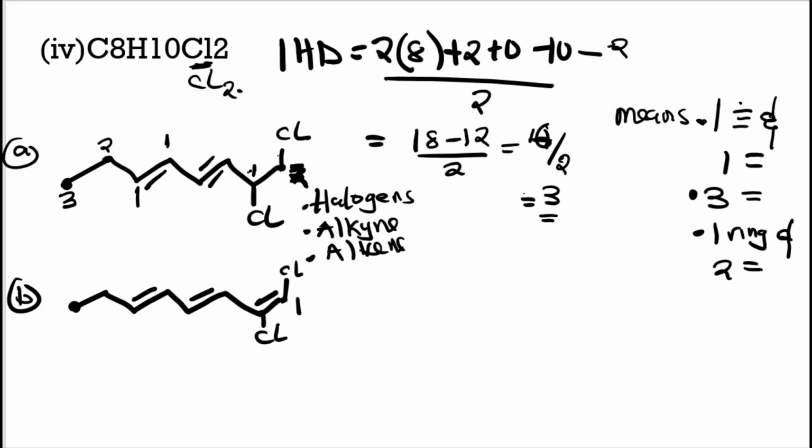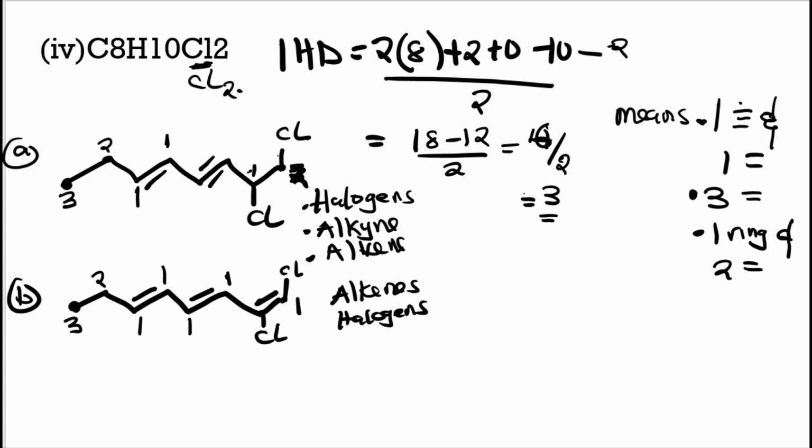This carbon here is 4. This has 1 hydrogen, 1, 1, 1, 2 hydrogens, 3 hydrogens. We count the hydrogens: 1, 2, 3, 4, 5, 6, 7, 10. Here you've got alkenes as functional groups, and also halogens.